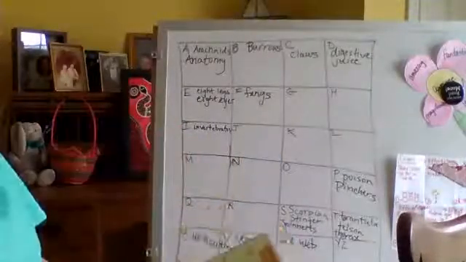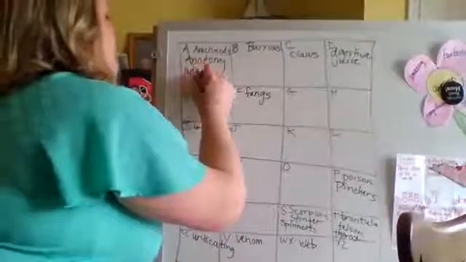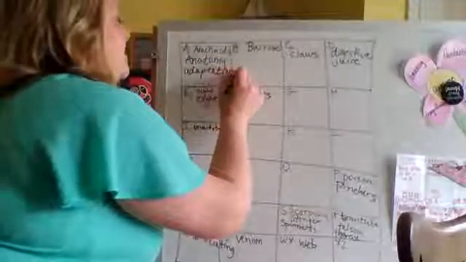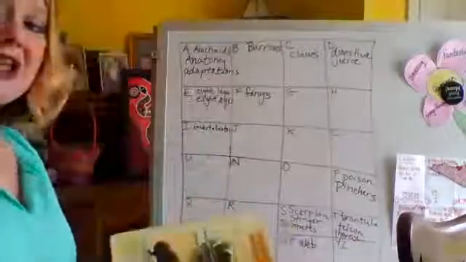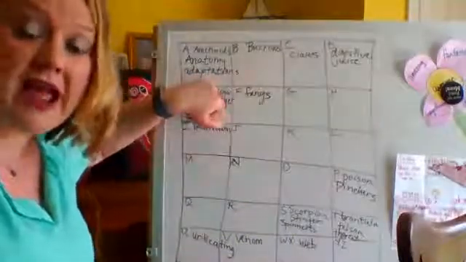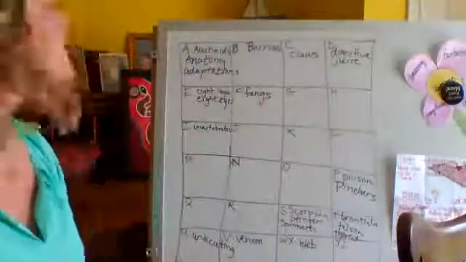It depends on how big they are, how small they are. Those are going to be things called adaptations. So I'm going to put down adaptations. Even though the word adaptation wasn't something that I read in this book, it's something I know these animals have. So I'm going to write down adaptations. That's going to remind me, what are some adaptations that these animals have?